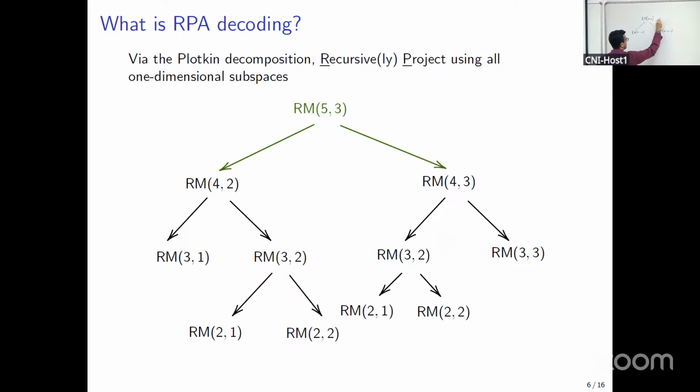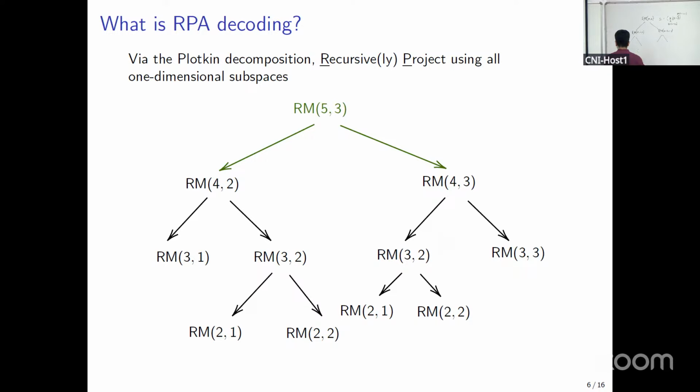If c is a codeword of RM(M, R), then it can be written as (u, u plus v), where u is in RM(M minus 1, R) and v is in RM(M minus 1, R minus 1). This is called the Plotkin decomposition. I think it's familiar to everybody. And then we can do this recursively.